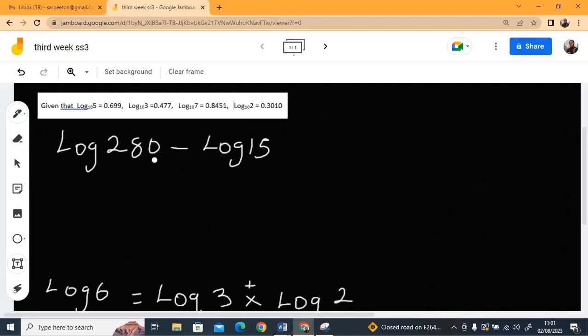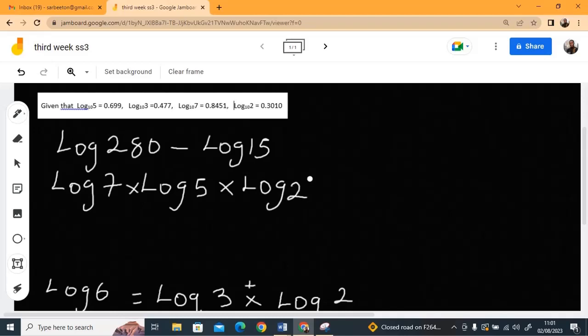So I can write this as log 7 plus log 5 plus log 2 raised to the power of 3, because 2 raised to the power of 3 is 8, and 8 times 5 is 40, and 40 times 7 is 280. I've gotten this. Then log 15 is 5 times 3, so log 5 plus log 3. This is what this thing will give now.